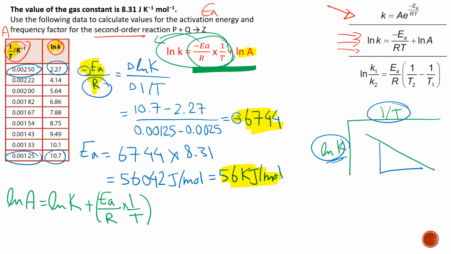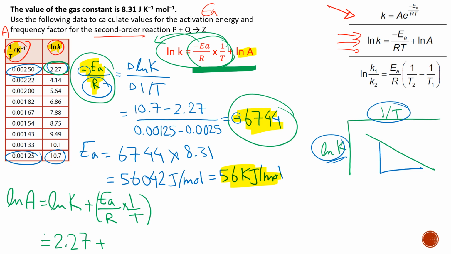Okay, let's put in our numbers. What is ln K? We can use this number, 2.27, plus what is EA over R? We already calculated negative EA over R, which is negative 6,744.